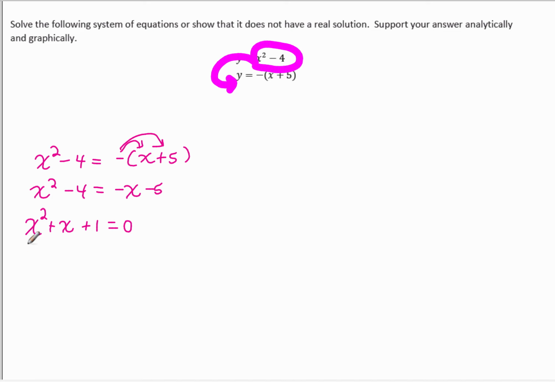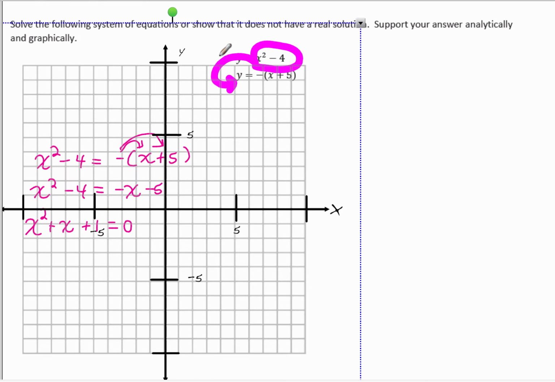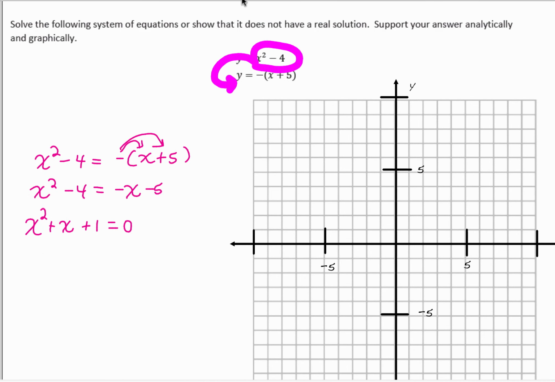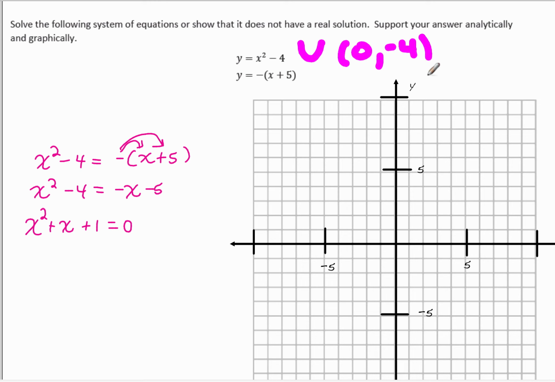So at this point, I'm going to come over and do a little graphing. I have to finish solving this analytically, but I want to give myself a view. Does this cross in ugly places, or does it not cross? So let's not fight our brains. Let's just let a graph do the work. x squared minus 4 is a parabola that opens up, and it's easy to see that its vertex is 0, negative 4.